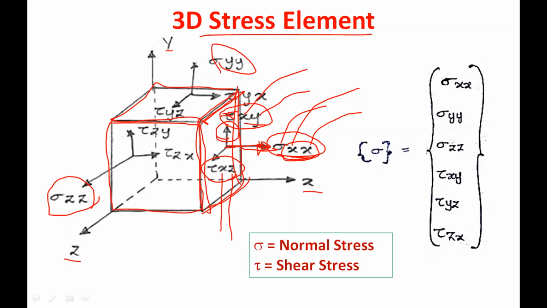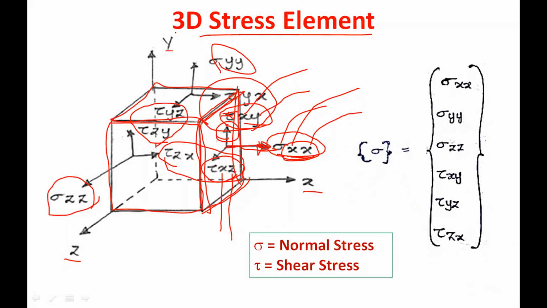Now, to simplify the analysis, we are going to assume the magnitude of this tau xy and tau yx will be equal. And similarly, tau yz and tau zy will be equal. Then tau zx and tau xz will be equal. So direction will be different, but the magnitude we can assume is equal. In that way, we can reduce the number of shear stress components from 6 to 3.